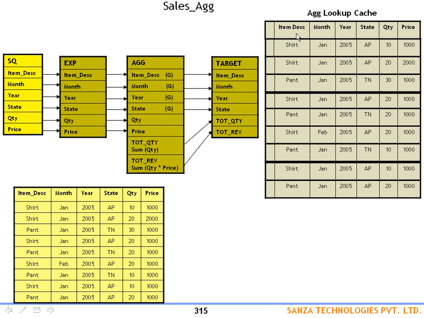Like the output of this is 4 records, 4 combinations. Like that, assume that there are 2 lakh records, and for each record combination, Informatica will scan the cache.